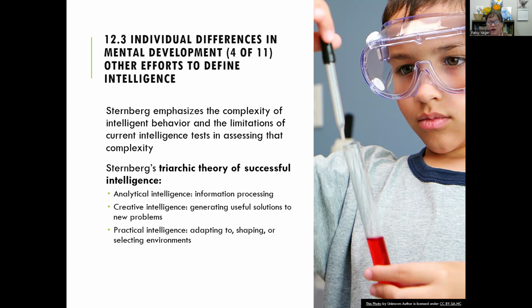And we've talked about that before. You can think about that like the human brain as a computer where you input information, you process it, you think about it, right? And then you act on what you have learned. And then also creative intelligence, generating useful solutions to new problems, thinking outside the box. Practical intelligence, adapting, shaping, selecting environments.